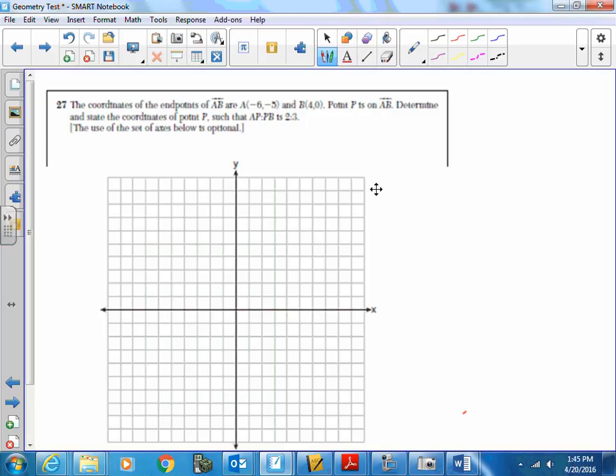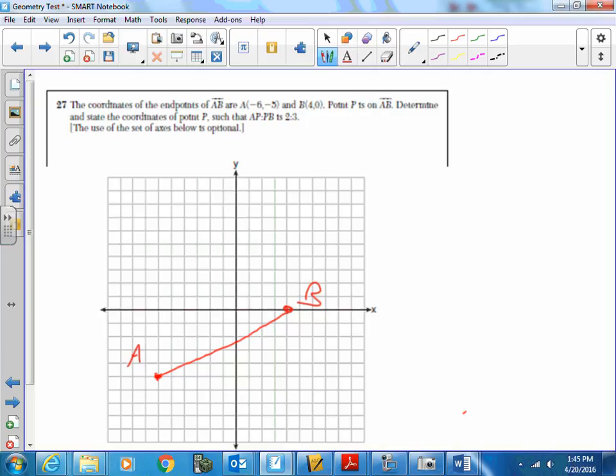A is at (-6, -5), and then B is at 4 and up 0. So that's my B right there. If you have a straight edge, you should use it.